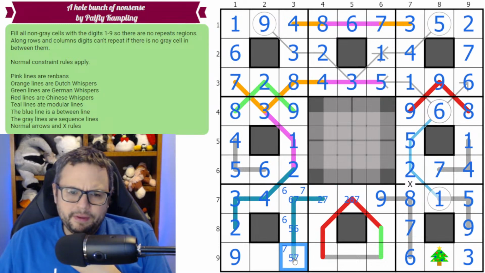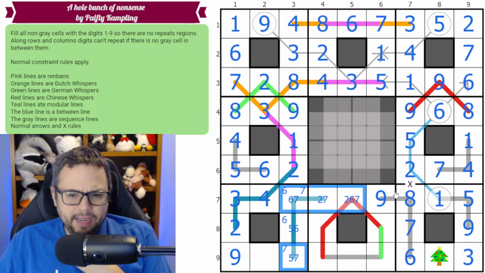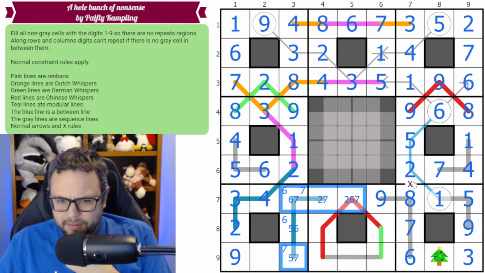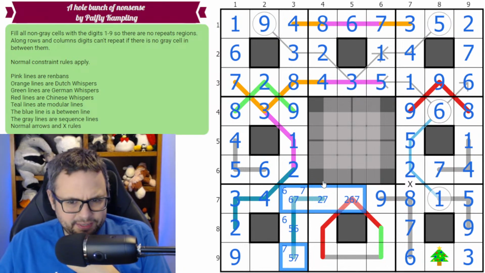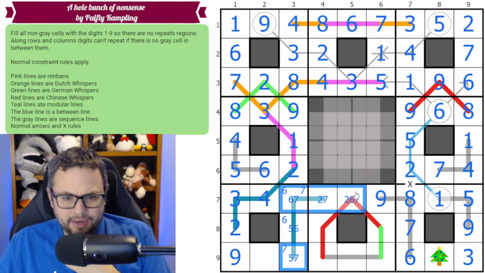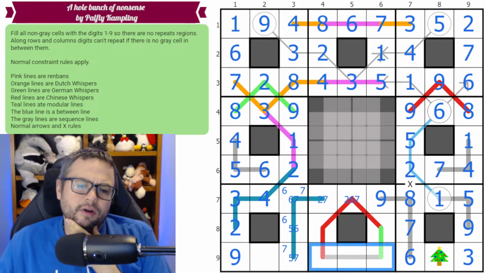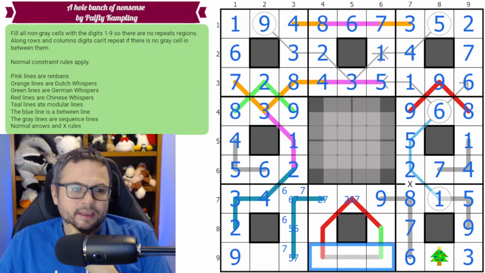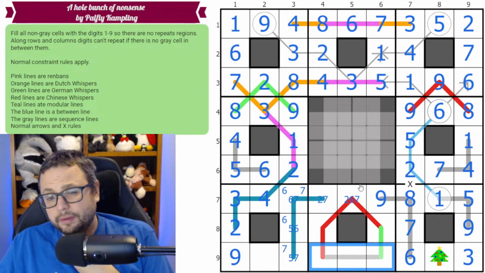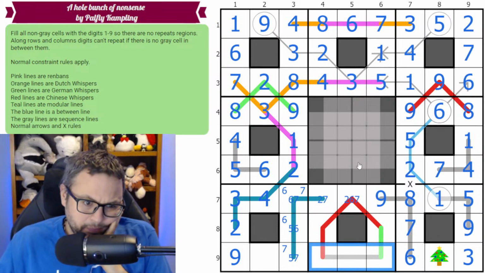Yeah, there's probably some combination here that by a short look ahead breaks. I'm going to try not to use that if I can get away with it. I might not be able to get away with it. 3, 6, and 9 are gone from this sequence line, which is interesting.